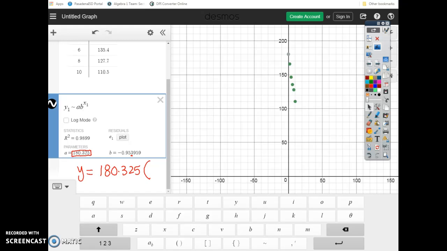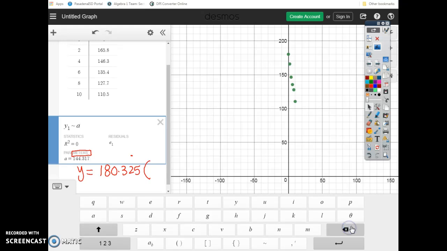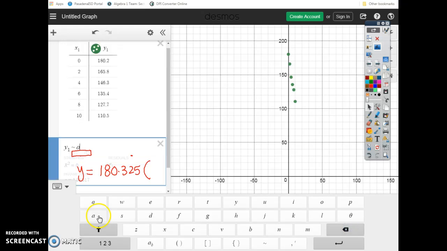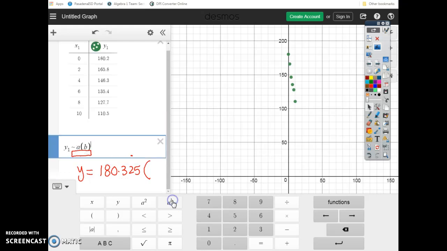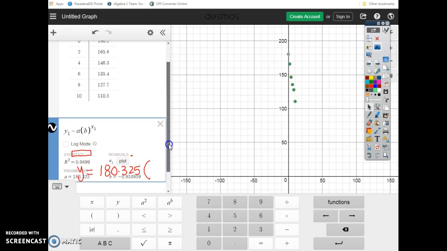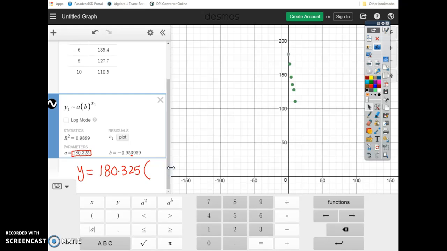Okay, let's erase and retype A, parentheses, B, close parentheses, to the power of X1. Let's see if it gave me, nope, it still gives me a negative.